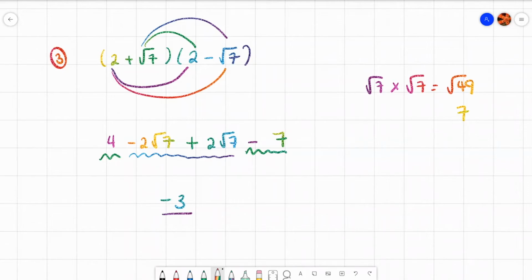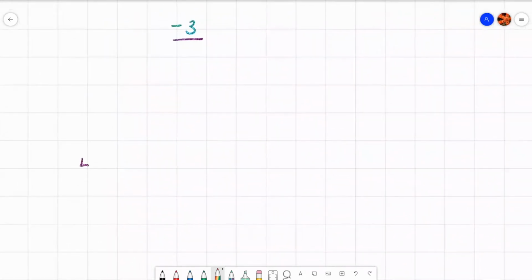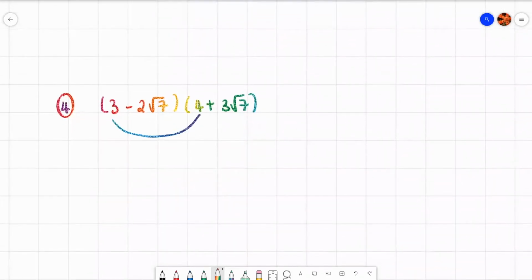Let's have a look at another example. Let's have a look at 3 minus 2 root 7 times by 4 plus 3 root 7. So we're going to do 3 times 4, which is 12.